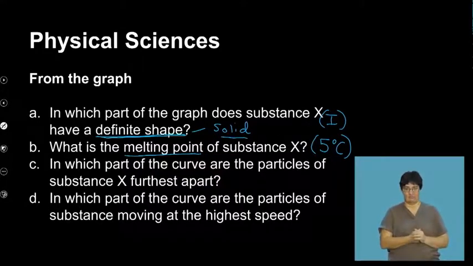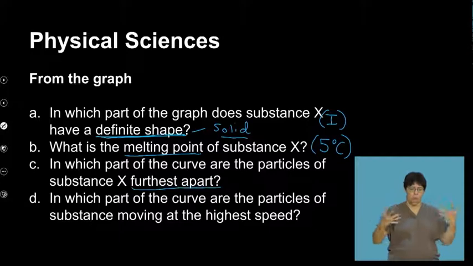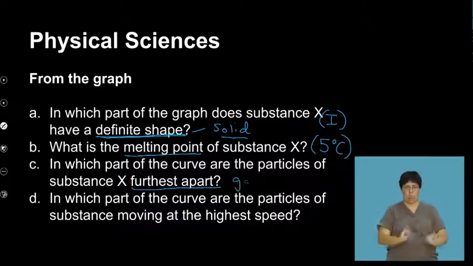Okay. C says, at which part of the curve are the particles of substance X furthest apart? This again takes us back to the properties of the 3 states of matter. We know that when particles are furthest apart, they are loosely packed, meaning the forces that exist between the particles are weak. So this will be a gaseous state. In this case, we're asking ourselves, when was substance X a gas?